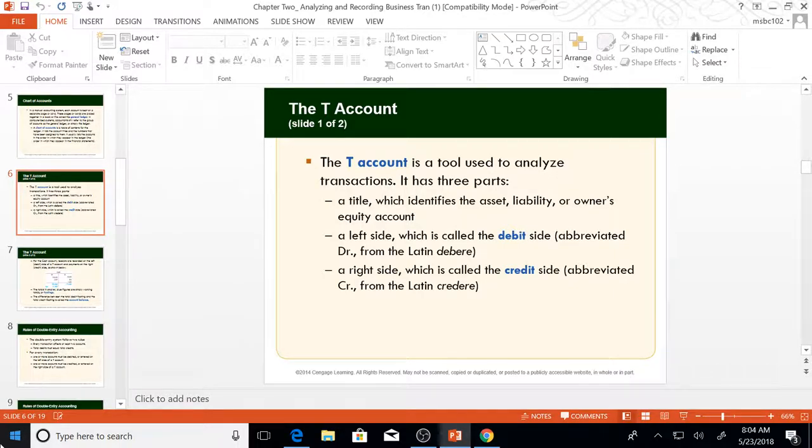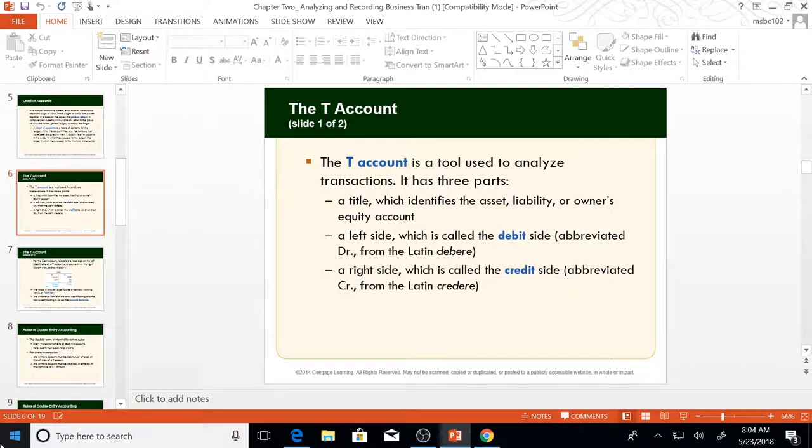Then you have the left side and the right side of the T account. The left is always the debit side, or you can say DR, with a dot.